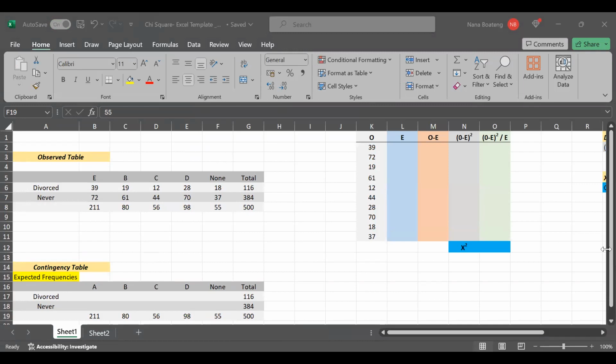So let's see how we can derive the expected frequencies for A if we were to use Excel to do it, okay?